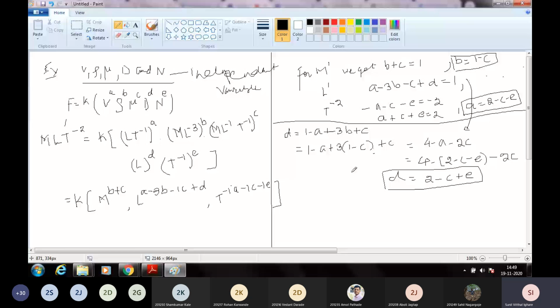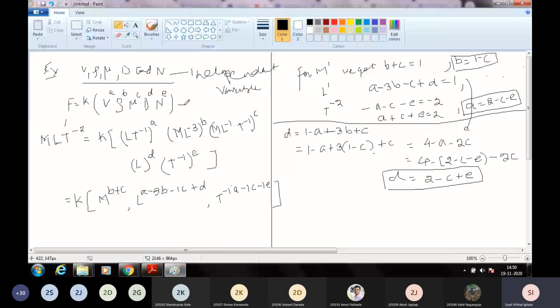Put the values in terms of C and E in the above equation. Above equation means which equation? This is our equation, that I just write as first.